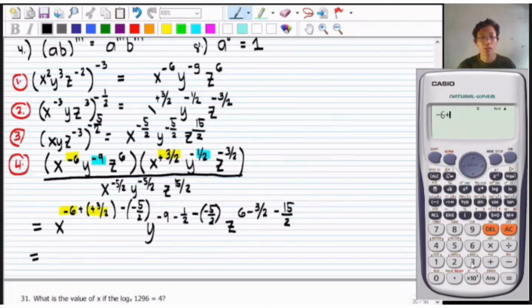Negative 6 plus 3/2. Negative tapos plus 5. So that will be negative 2. Negative 9 minus 1/2 plus 5/2. That will be negative 7.